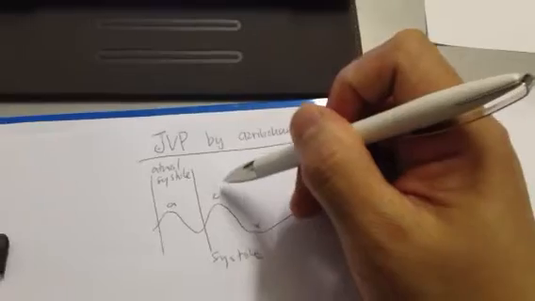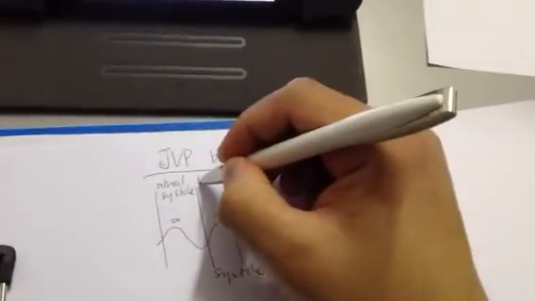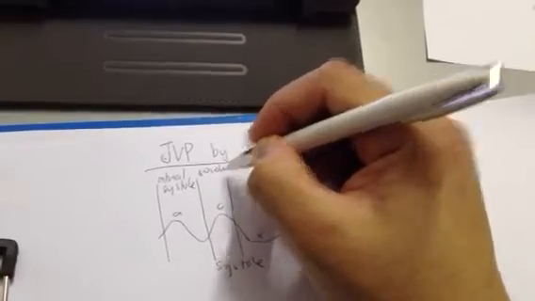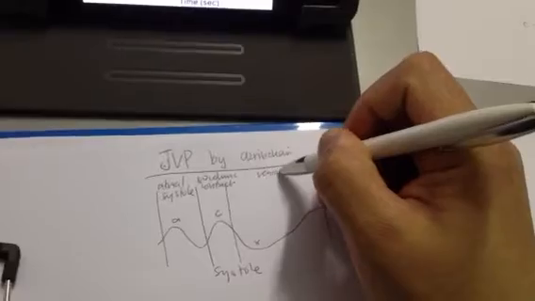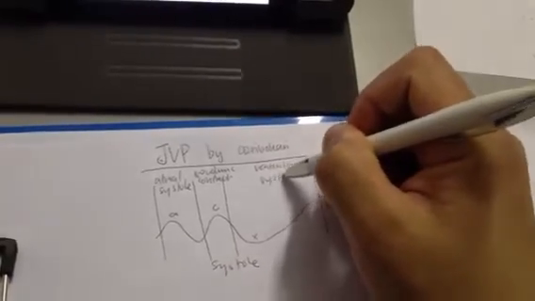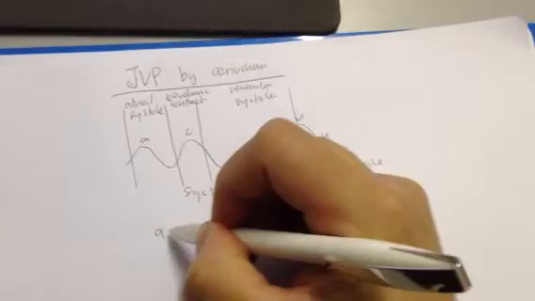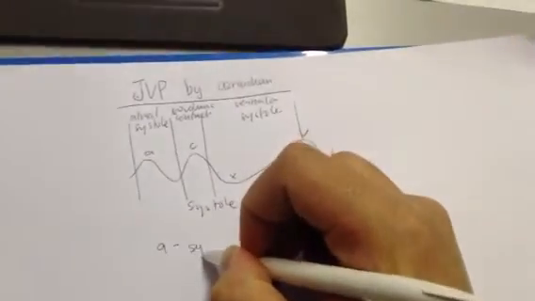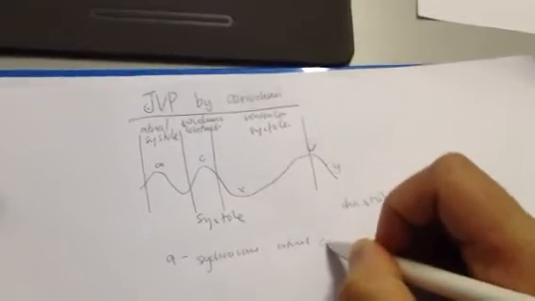This happens during isovolumic contraction, and this is the ventricular systole. Okay, so the A represents the synchronous atrial contraction.